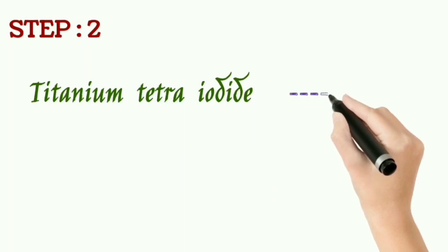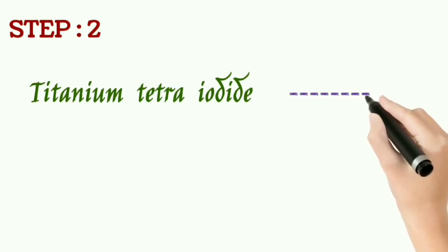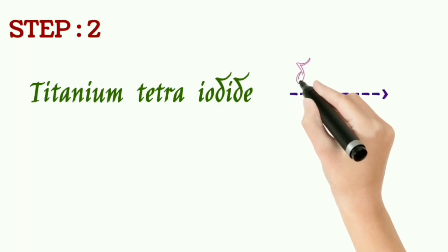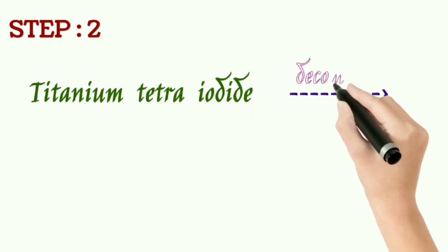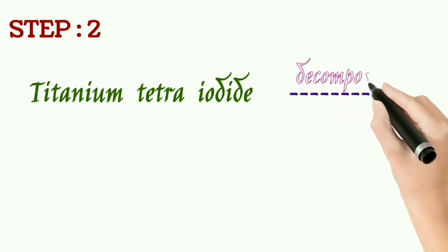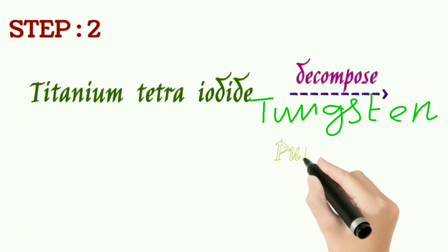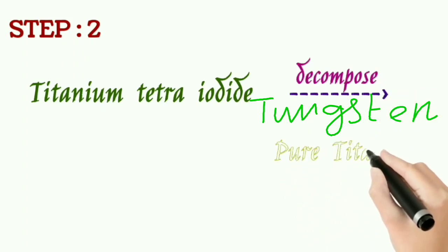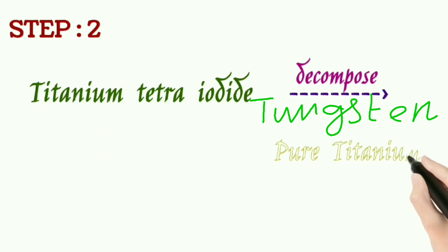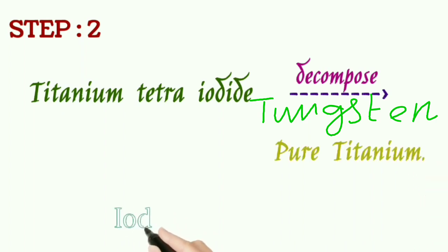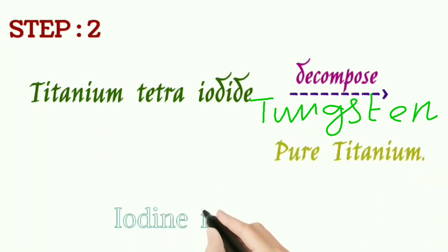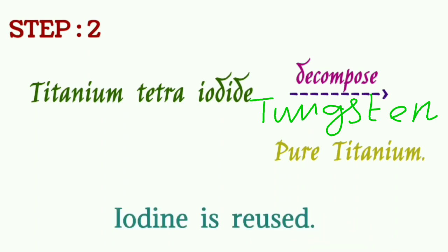Yes. So here the volatile titanium tetraiodide vapor is passed over a tungsten filament. It should be passed over a tungsten filament at a temperature of about 1800 Kelvin that we have to maintain. So we will get pure titanium, and we can reuse that iodine.